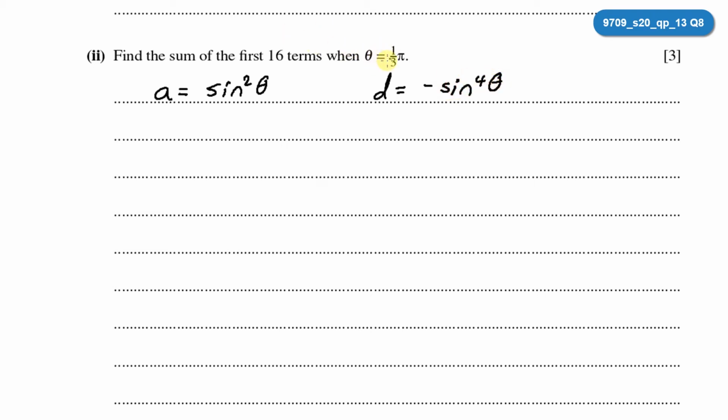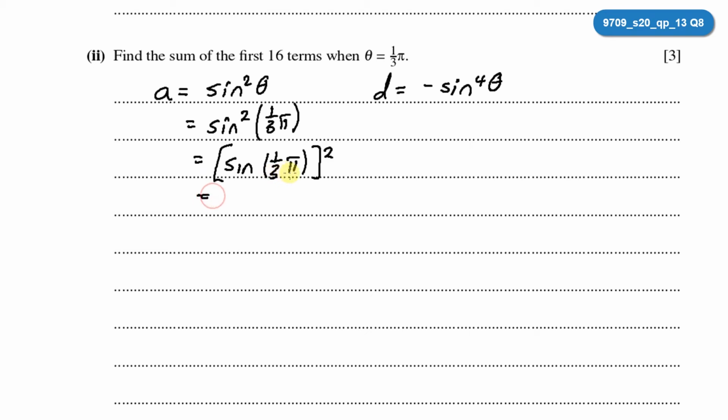Now, we're told in the question that theta now is a third pi. So that means that a will come out as sine squared of a third pi. This is the same as sine of a third pi all to the power of 2.